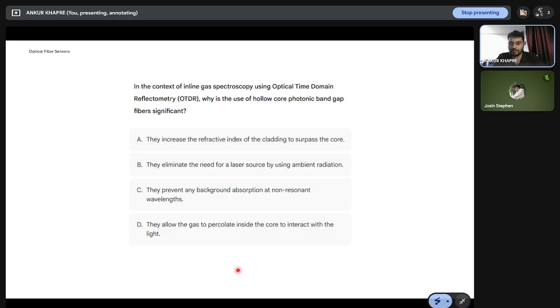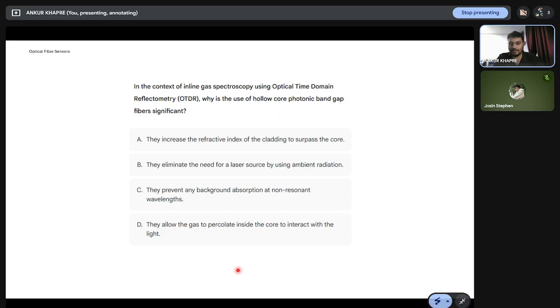So, the first question is: in the context of inline gas spectroscopy using optical time domain refractometry (OTDR), why is the use of hollow core photonic band gap fibers significant? Option A, they increase the refractive index of the cladding to surpass the core.